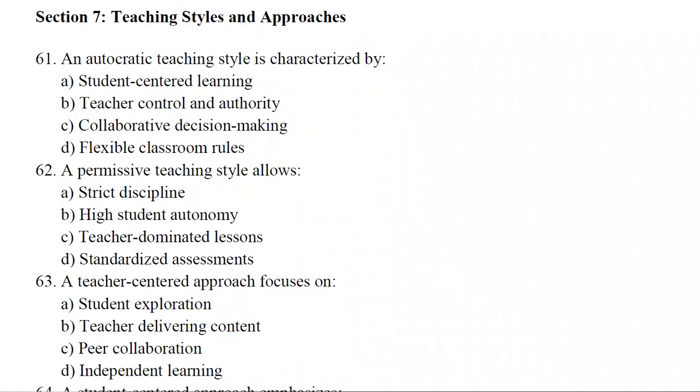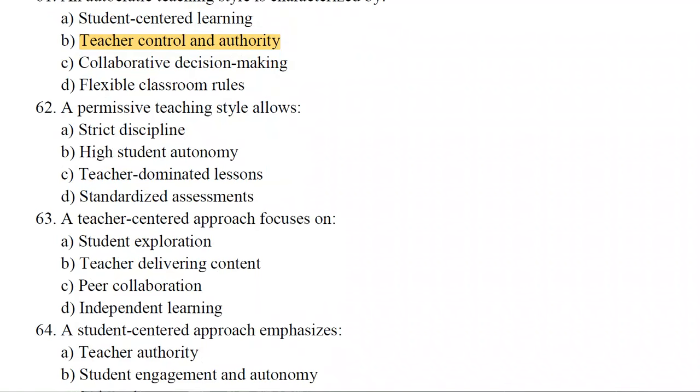Section 7. Teaching styles and approaches. An autocratic teaching style is characterized by the teacher's control and authority. A permissive teaching style allows high student autonomy.